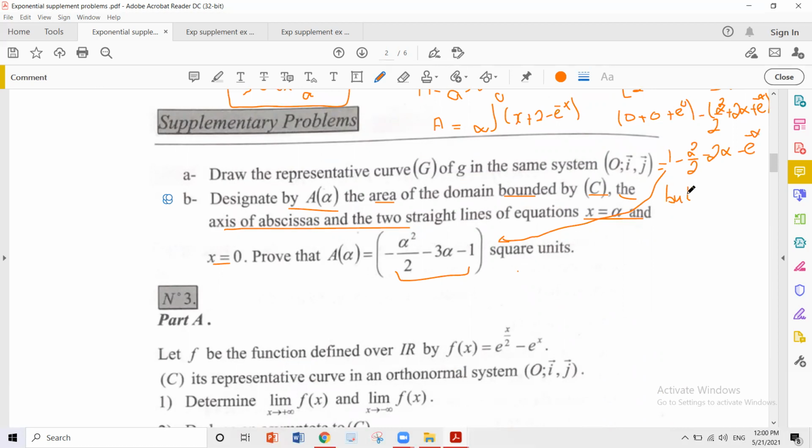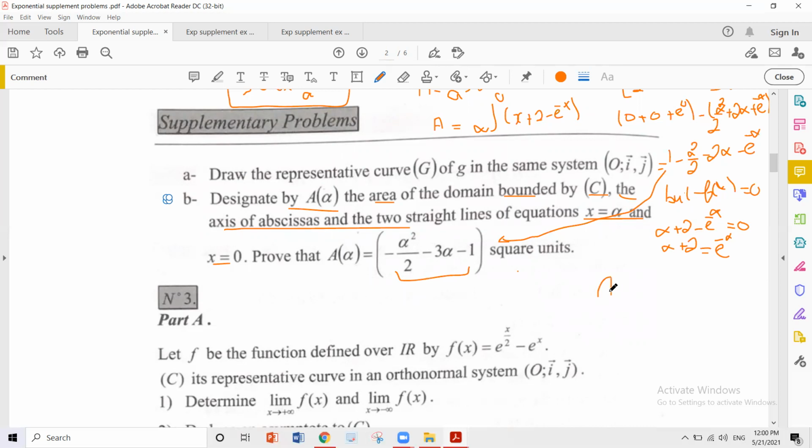Okay, but f of alpha equals 0 means that alpha plus 2 minus e to the minus alpha equals 0. So alpha plus 2 equals e to the minus alpha.